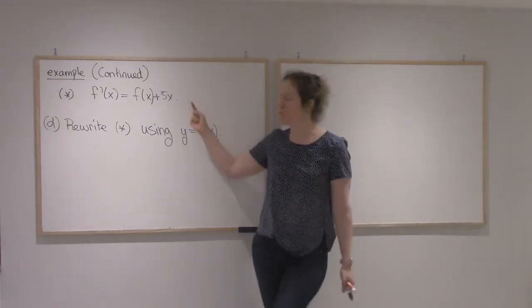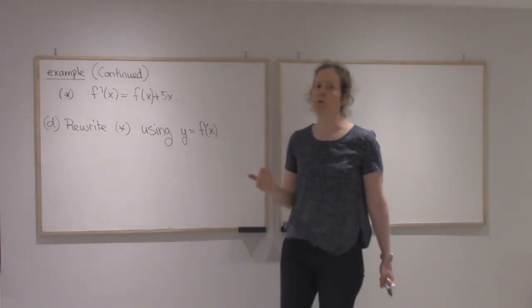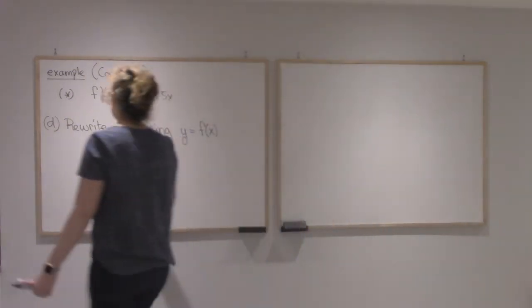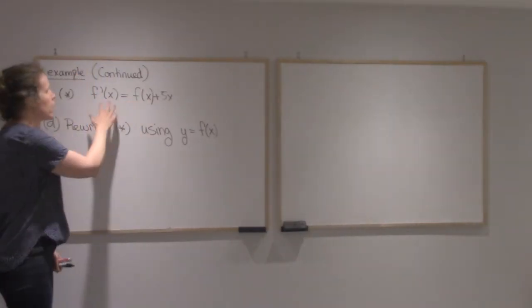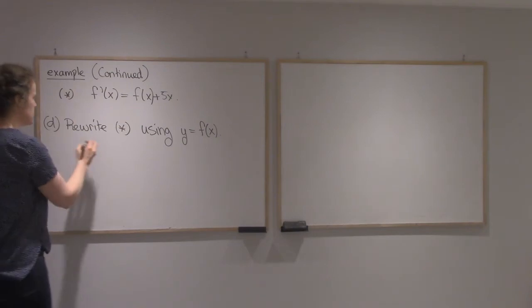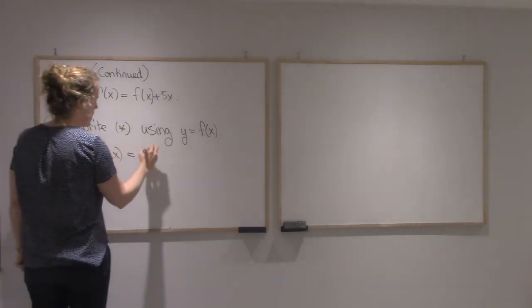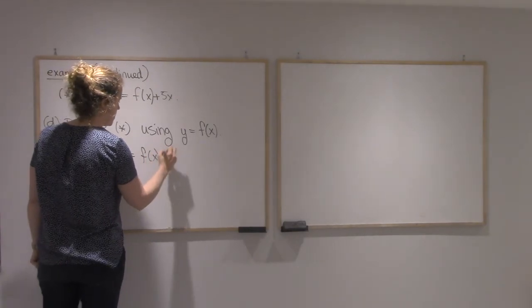We had this differential equation, we looked at particular and general solutions, but now I want to rewrite this. Instead of the equation having f of x, I'm going to replace it by y. So f prime of x equals f of x plus 5x.